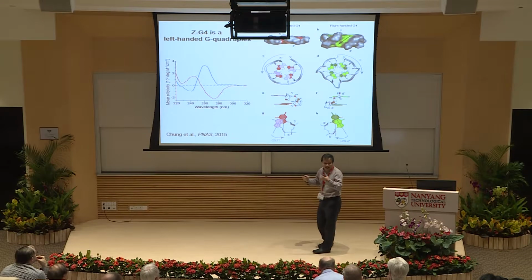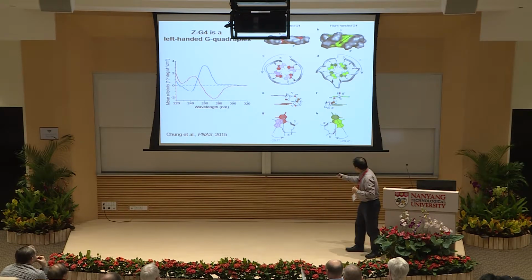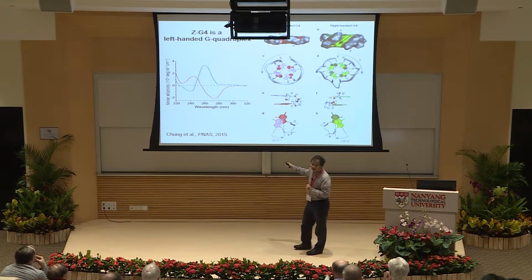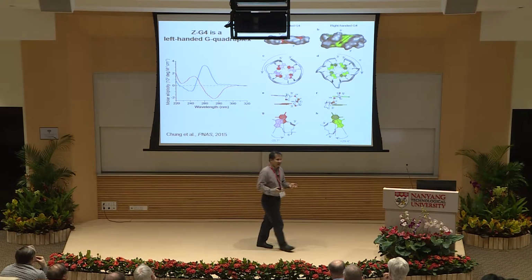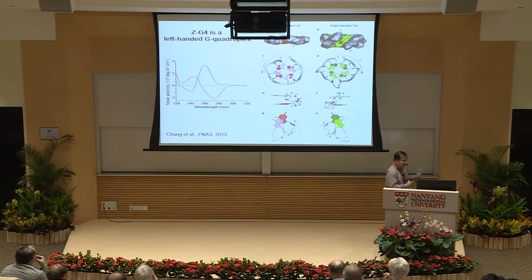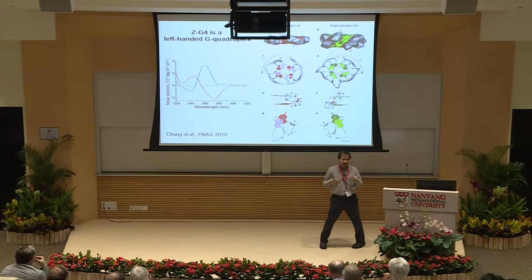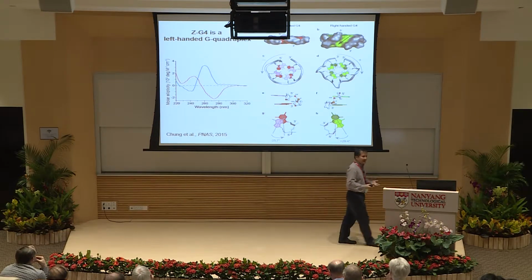Left-handed, like in some of the steps of the Z DNA, would go in the reverse, minus 25 in this case. And in the CD, you will see the signature nearly a mirror image, because one is the right hand, one is the left hand. We have yet to fully understand the basis for this structure. But of course, this must be in the configuration space that allows it, as you have already seen in the Z DNA.